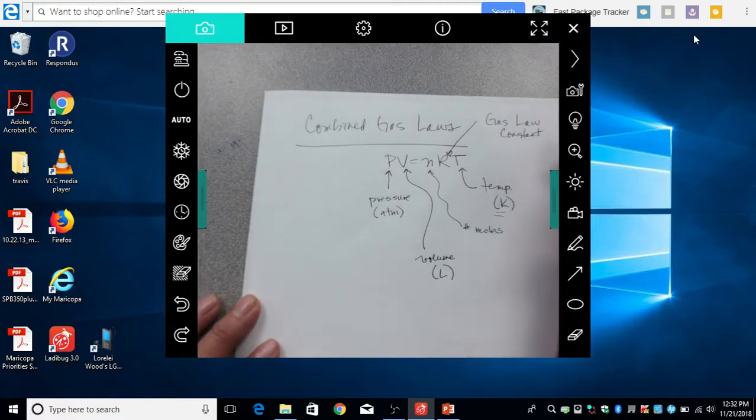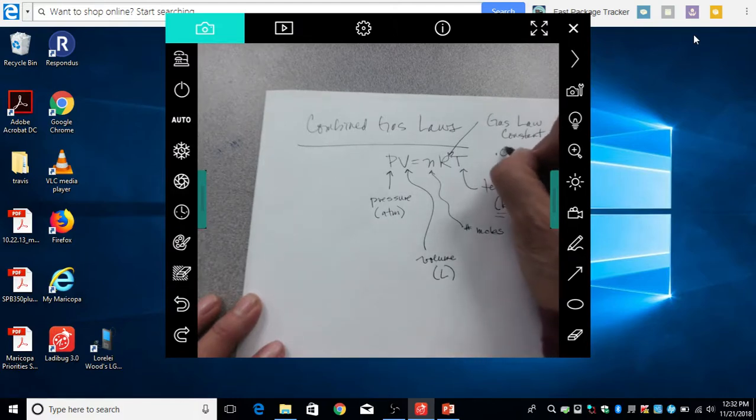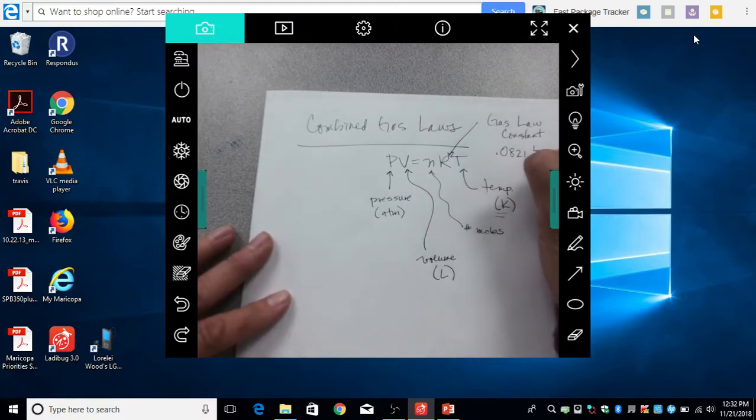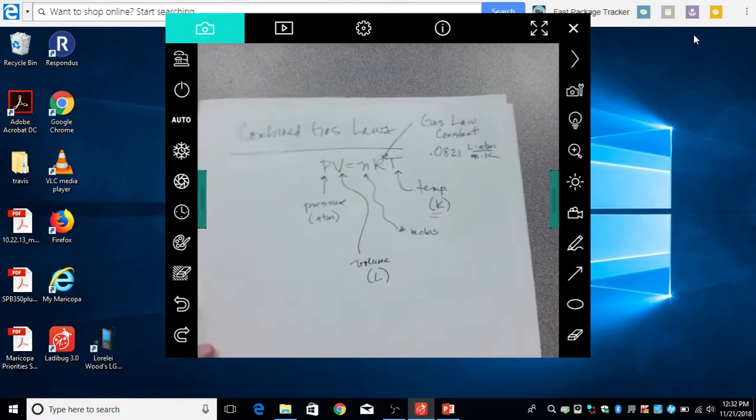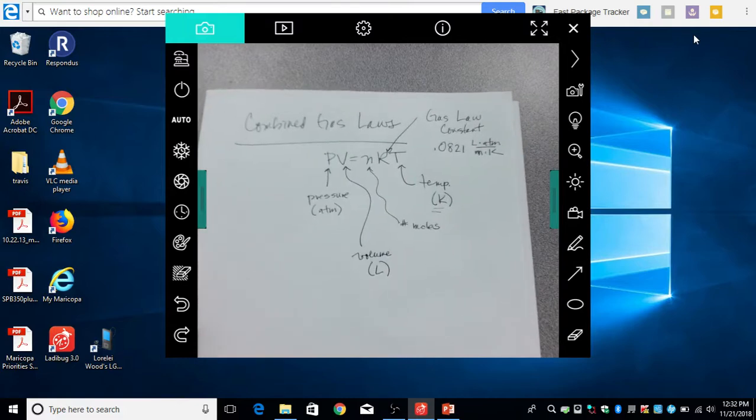And a constant means it's a number that doesn't change, and it's 0.0821 liters times ATM per mole times Kelvin. All right, that is called the ideal gas law, and we use it to do combined gas law problems.